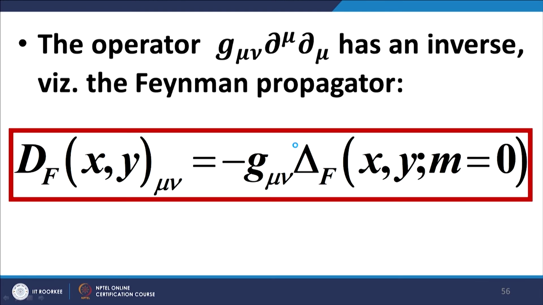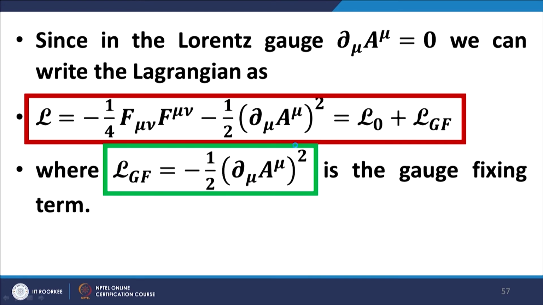Now the operator, in contrast to the earlier situation, G mu nu box, has an inverse, and the inverse is given by the Feynman operator. You can see that in the red box in the slide. So, by imposing the Lorentz gauge, we can write the Lagrangian in this form, and we now have a non-singular propagator.